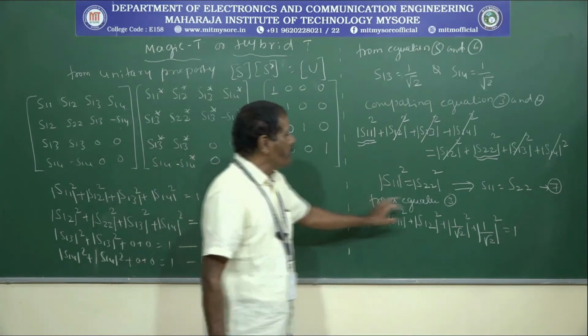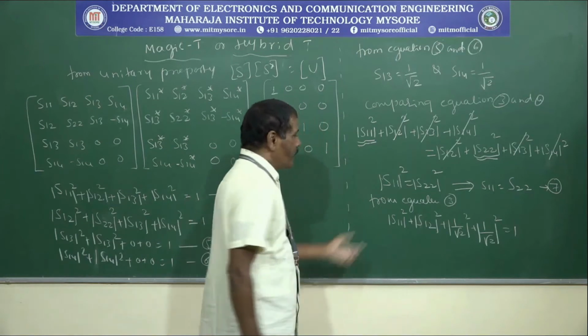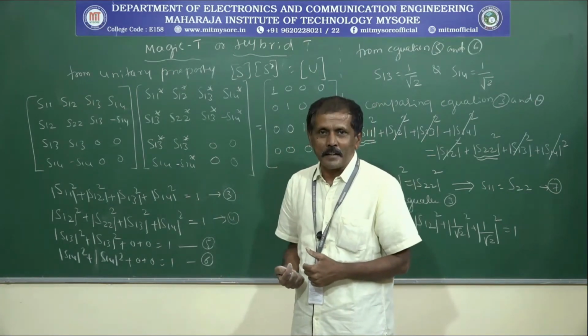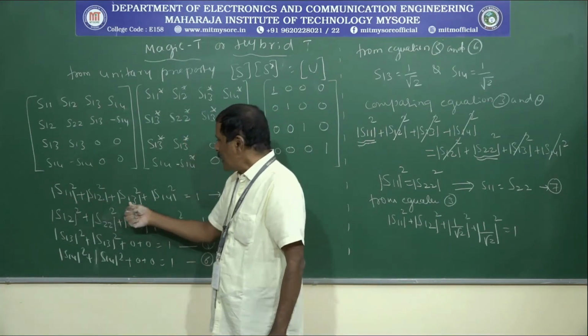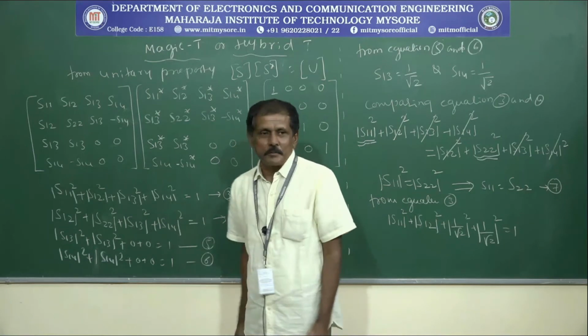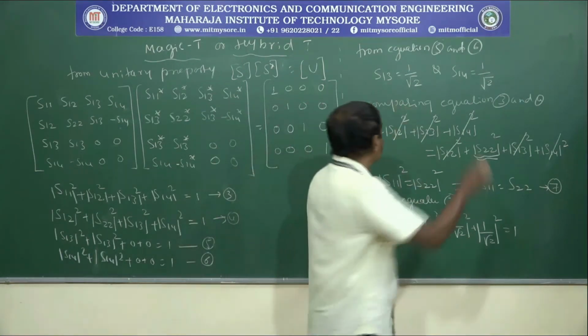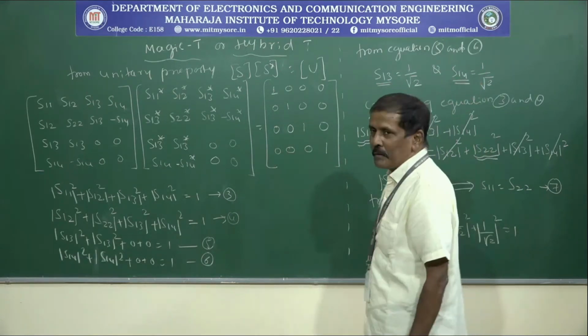Then from equation number 3, try to substitute all the values that we have calculated so far. Equation number 3 is S11 square plus S12 square plus S13 square plus S14 square. Here you have already calculated the S13 value and the S14 value.